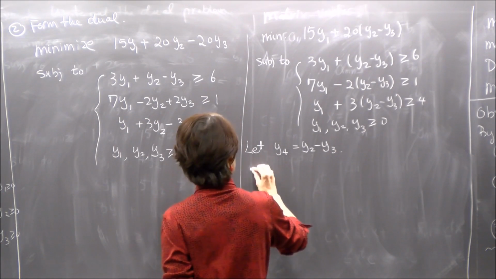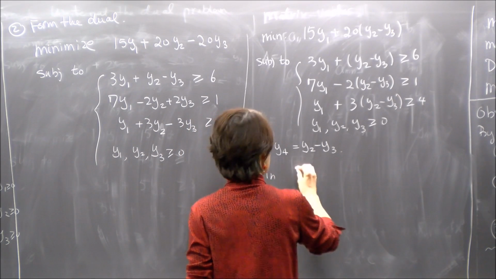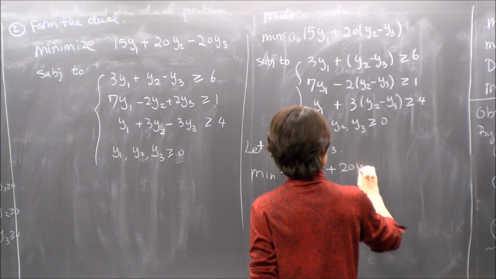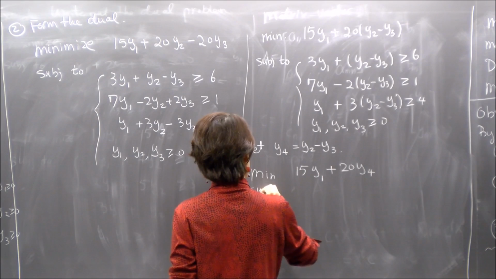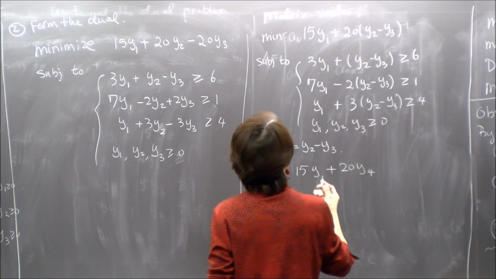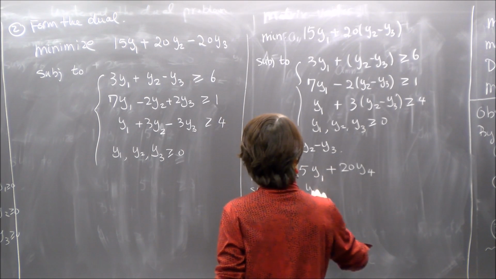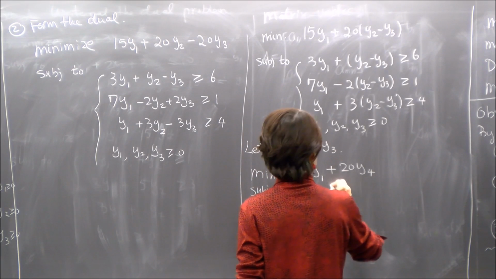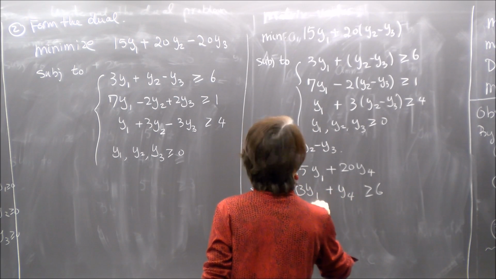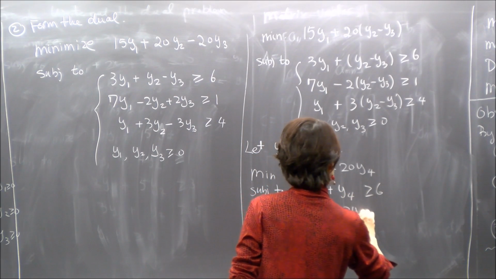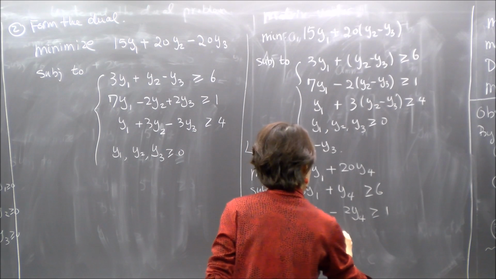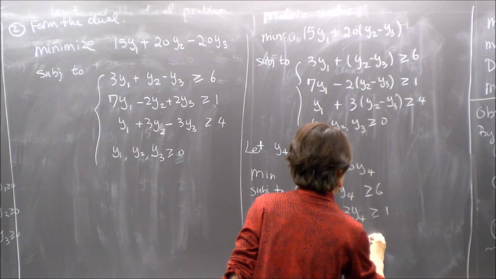Then I rewrite my problem. What do I have? I have minimizing 15y1 plus 20y4, subject to, I should actually go up. This is kind of important. 3y1 plus y4 bigger than 6, and 7y1 minus 2 y4 bigger than 1, y1 plus 3 y4 bigger than 4.